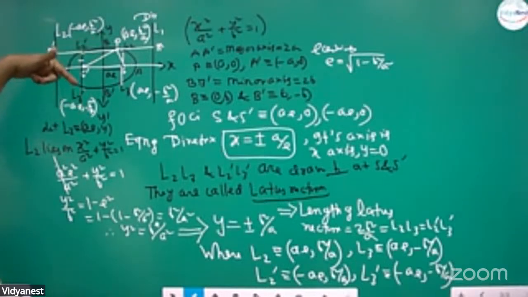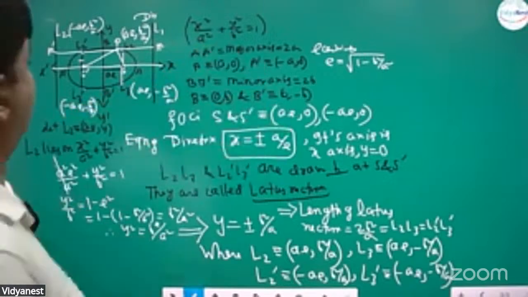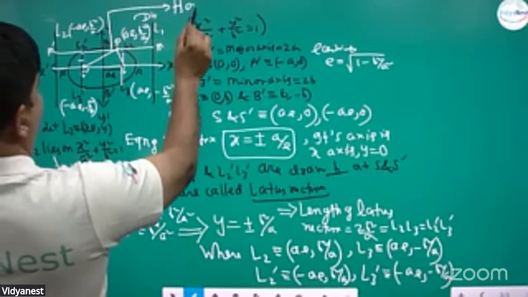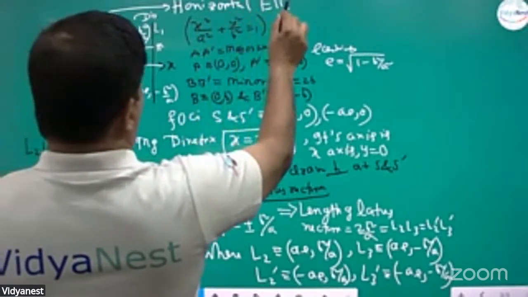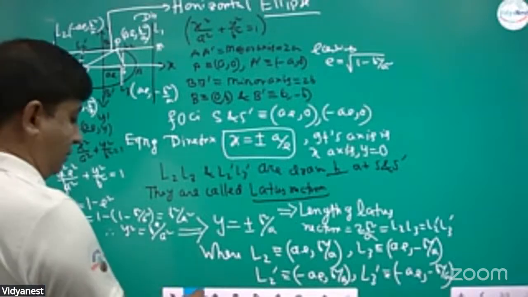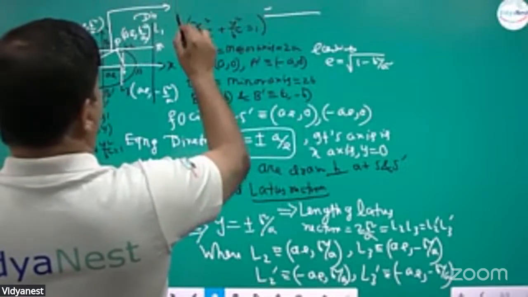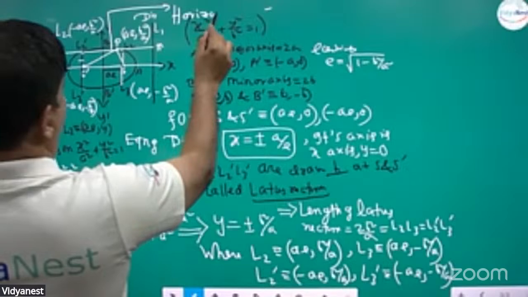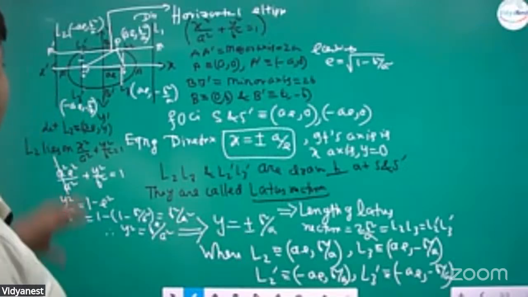So this ellipse, formed with respect to the horizontal x-axis, is called a horizontal ellipse. What is a vertical ellipse?